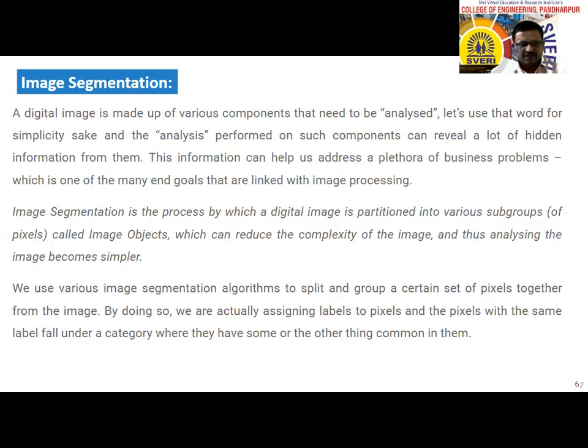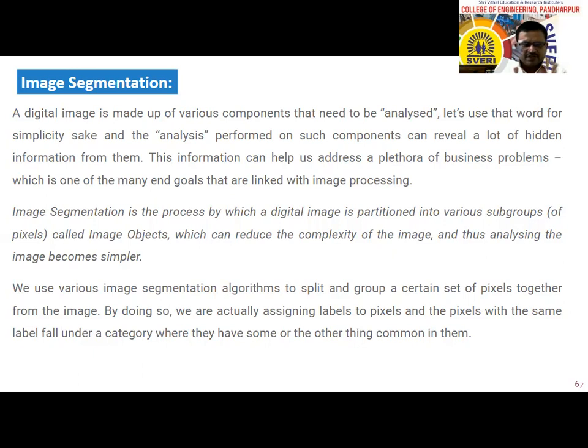Image segmentation, now definition. Image segmentation is a process by which a digital image is partitioned into various subgroups of pixels called image objects, which can reduce the complexity of the image, and thus analyzing the image becomes simpler.